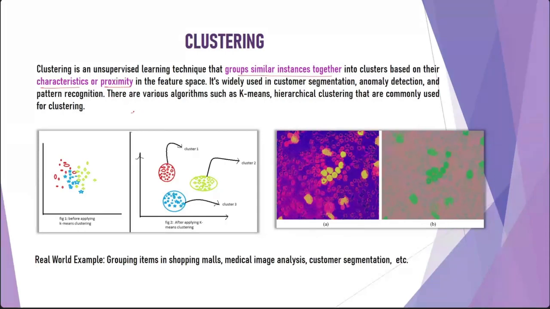We understand by the distance between two data points. It tells us whether they are close or not close. So one such algorithm is the k-mean algorithm, and another is hierarchical clustering. These can be used for customer segmentation and anomaly detection.